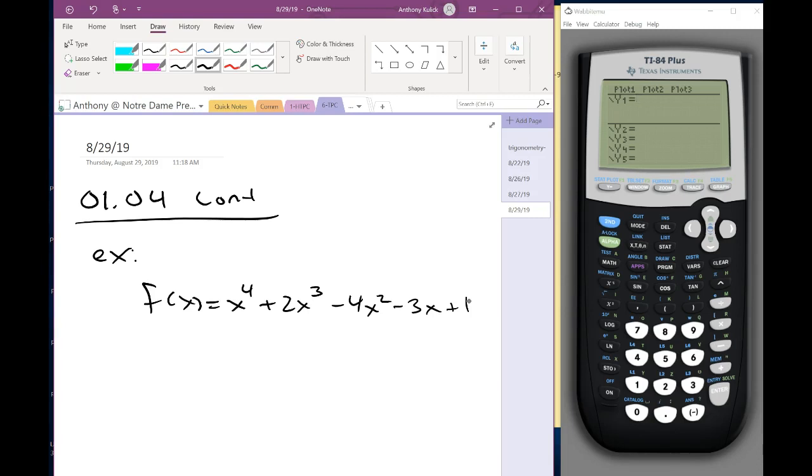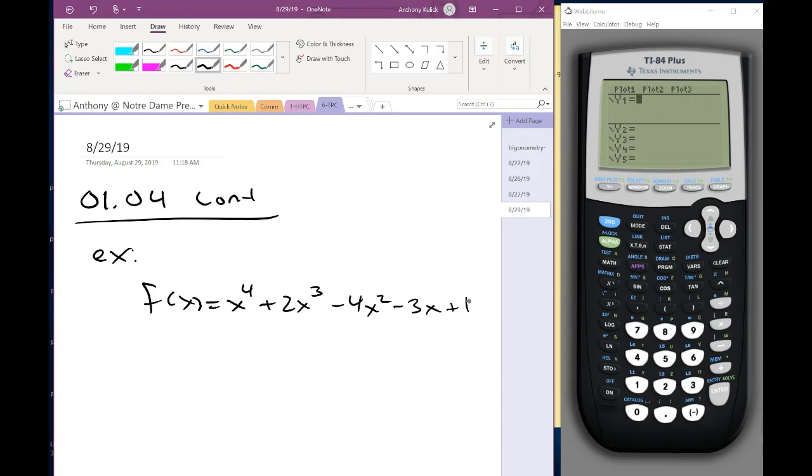And let's say that we want to find all the information about this relative to the increasing and decreasing and extrema. So we want to find the max and mins, determine whether they're local or global, and then also write the intervals of increasing and decreasing and constant. Sound good? And all you're given here is this equation. What should we do first?